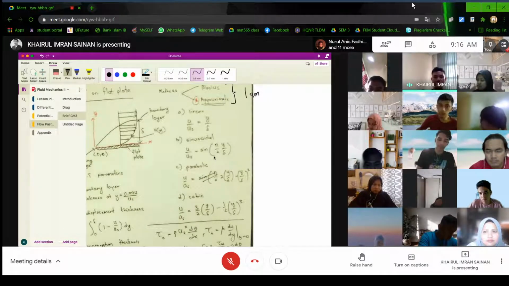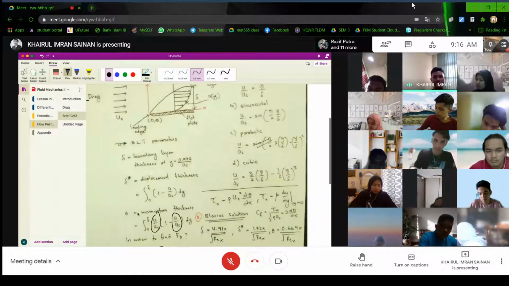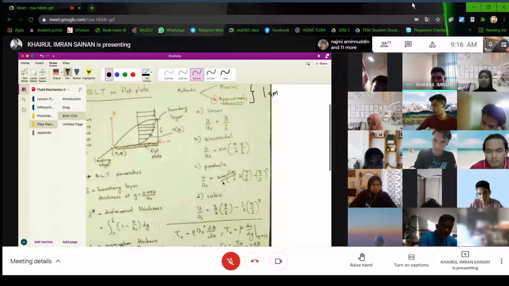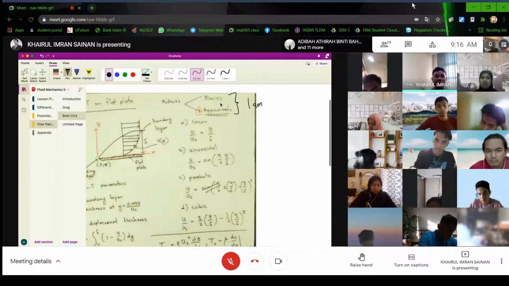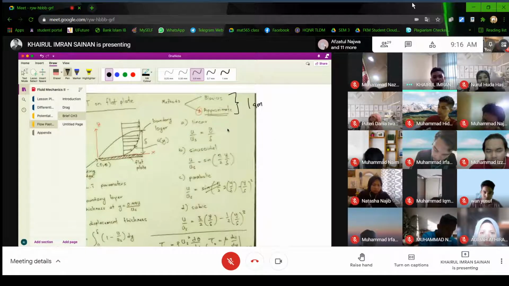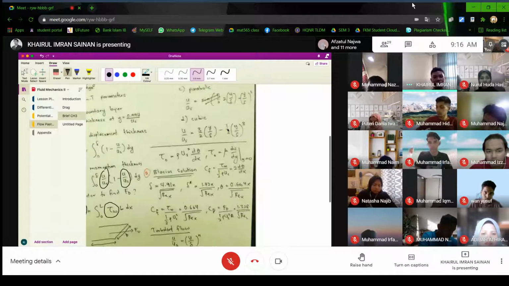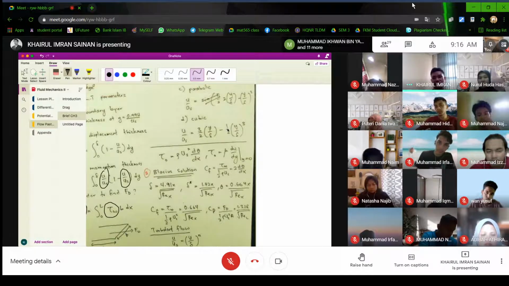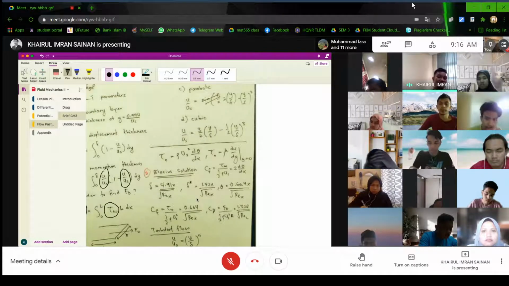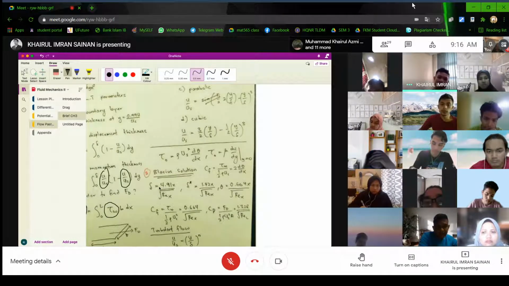You derive all of it, put it into delta star and theta, and then get all the tau based on this approximate approach. The second method is Blasius. Instead of derivation, you don't need to produce any integration or differentiation. The Blasius solution is directly given, which is this one.